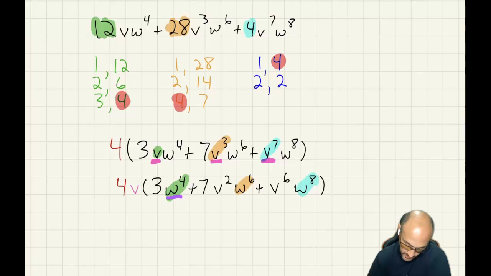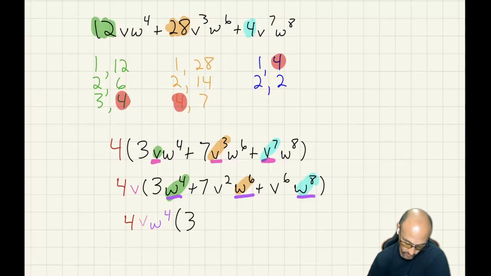And so from each of these, I can factor out w to the 4th power. So I have my 4, I have my v, and then I have my w, which is going to be w to the 4th power. And when I factor w to the 4th out of there, it's just 1.